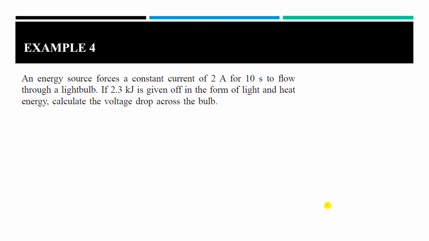So now let's have some examples on energy, power, and voltage to understand these concepts. We have an energy source that provides a constant current of 2 amperes for 10 seconds. So the value of the current is equal to 2 amperes.